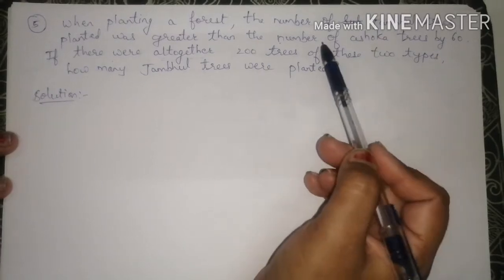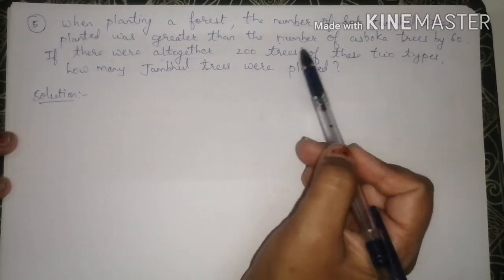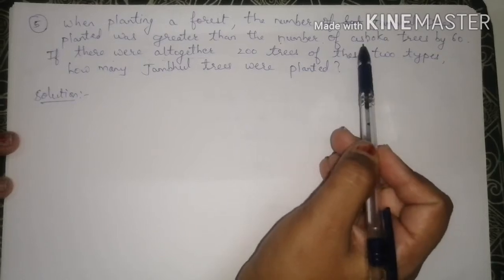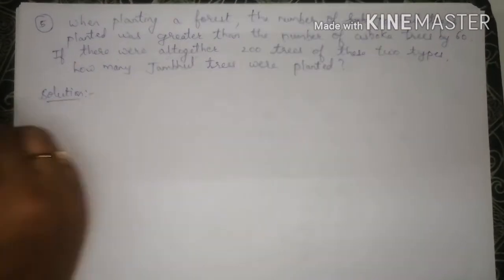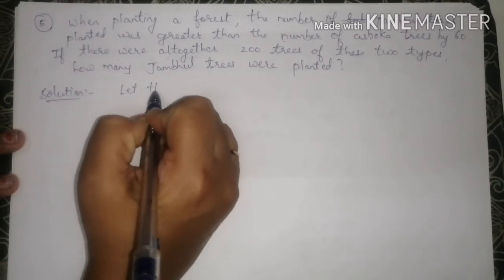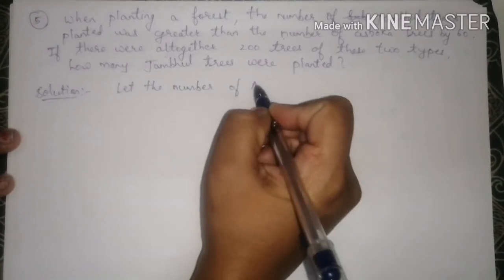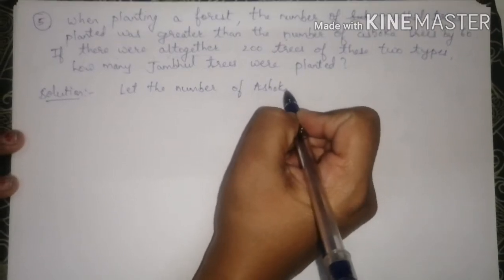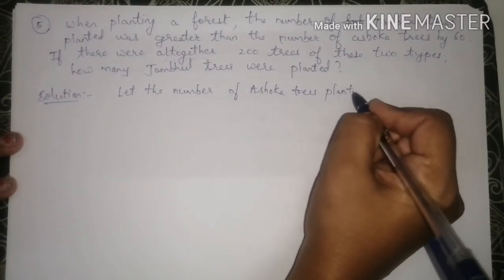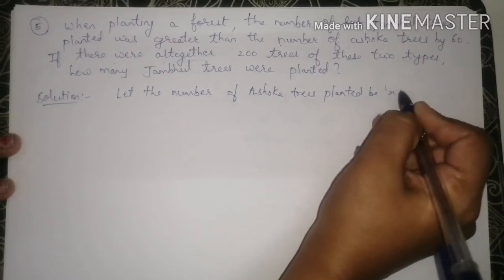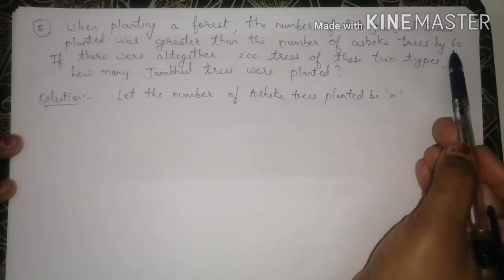Jambul trees are greater than Ashoka trees by 60. First, we don't know how many Ashoka trees there are. So let us assume the number of Ashoka trees planted be x, and jambul trees are greater than Ashoka by 60.